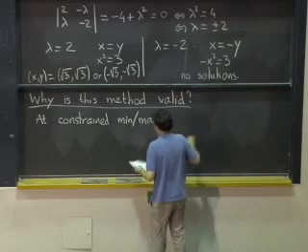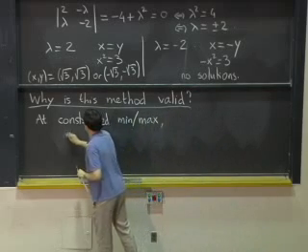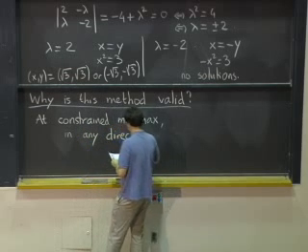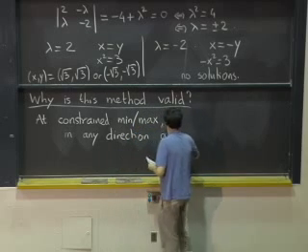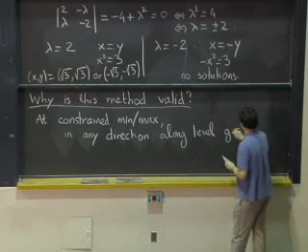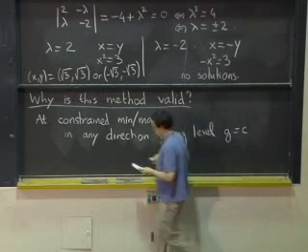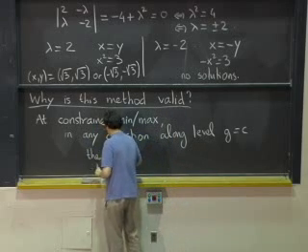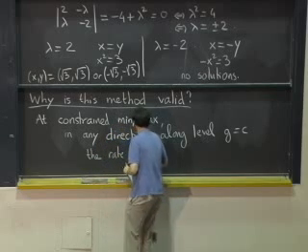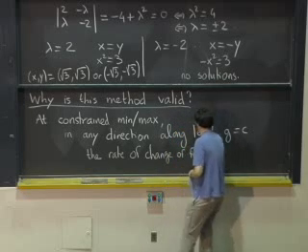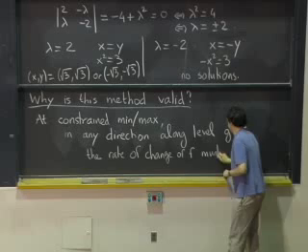So in any direction along the level set g equals c, the rate of change of f must be 0.